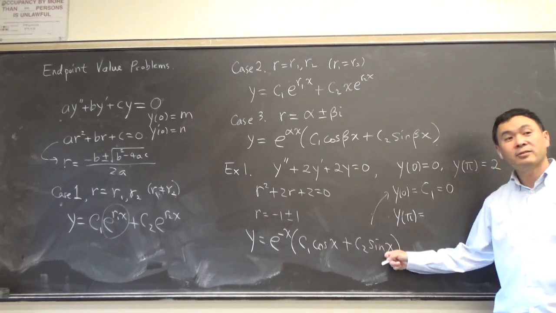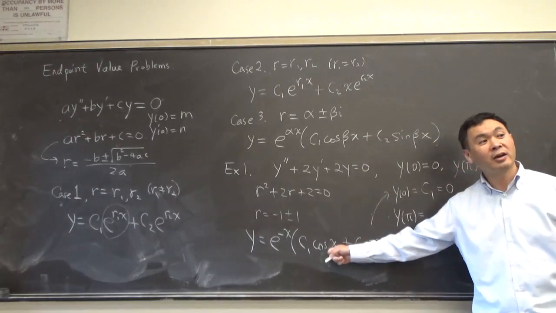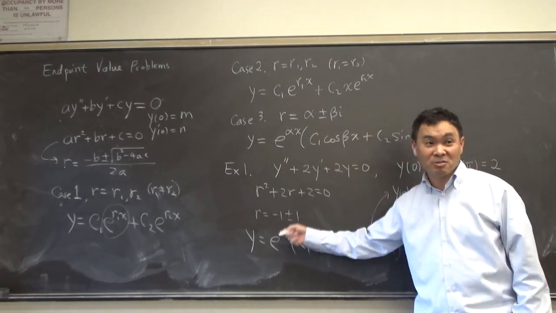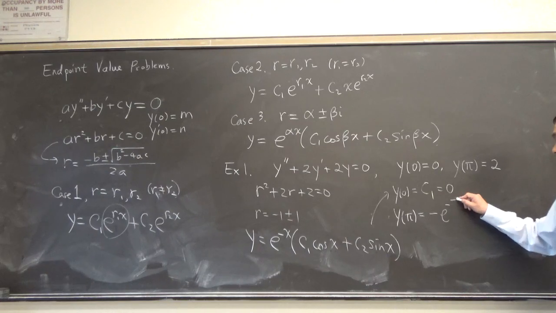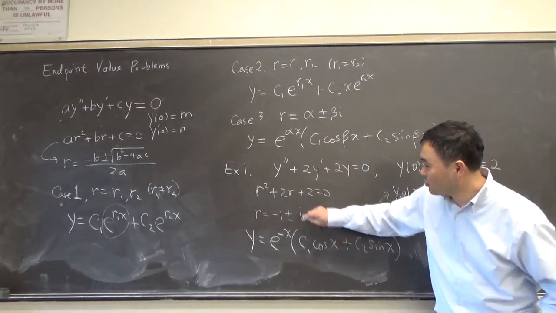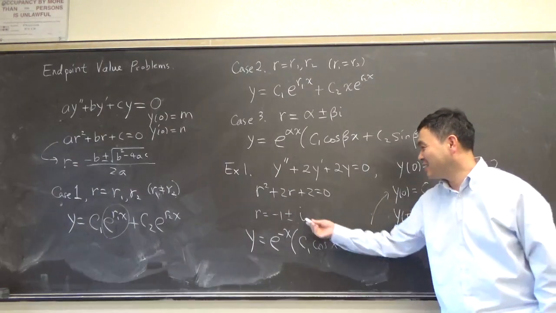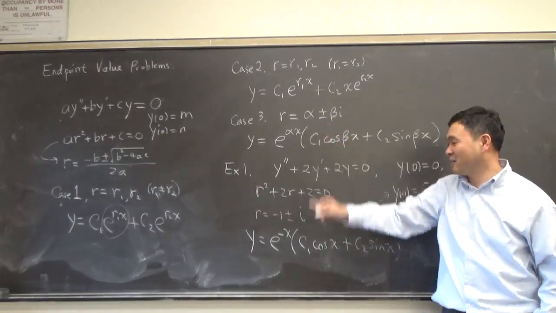Now let's plug in y of pi. What's sine pi? 0. Cosine pi? Negative 1. e to the negative pi is e to the negative pi, so you have negative e to the negative pi times c1. I meant that alpha and beta are 1.